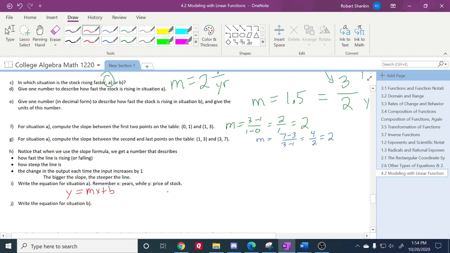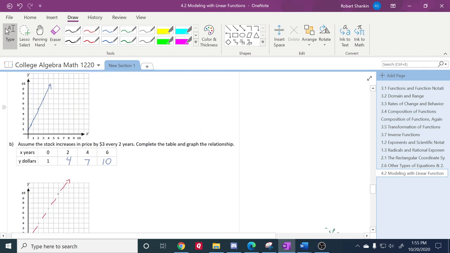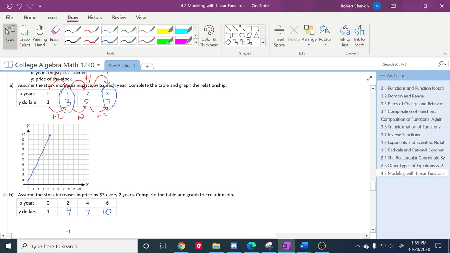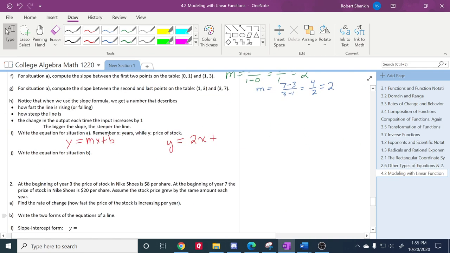And so in situation A, we determined that its slope was 2. And then the b is the y-intercept, and in situation A, it's 1. You can see it hits the y-axis at 1, and the y-intercept is always the output when the input is 0. Alright, so y equals 2x plus 1.